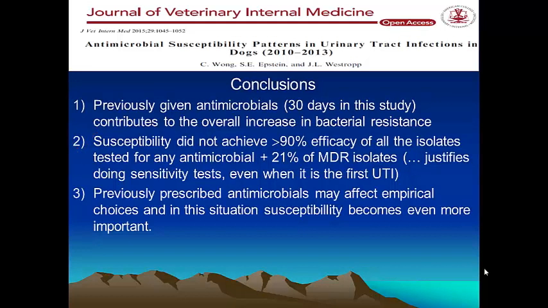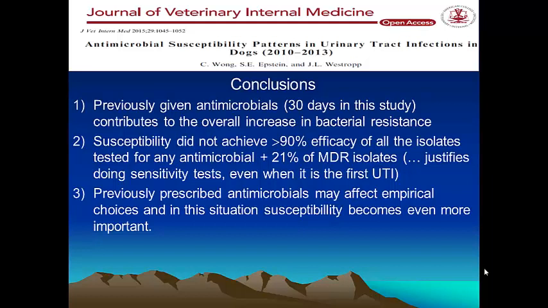In other words, out of 100 isolates, there are always going to be 10 that would always be resistant to whatever antimicrobial you decide to choose as a treatment options, even if you have never treated that dog previously with anything.